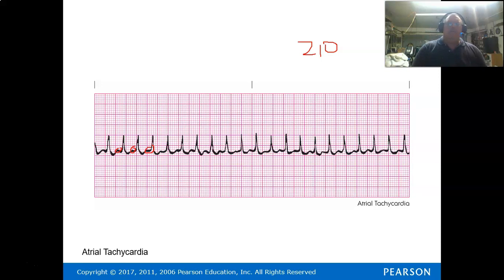Okay, and of course you can do an electrical reset, which is a cardioversion. I would only do that on my unstable patient. Okay, if again they got the CASH, they get the joules. We all know what CASH is. Crushing chest pain, altered mental status, severe shortness of breath, and hypotension. All right, and that would be a blood pressure below 90 systolic.